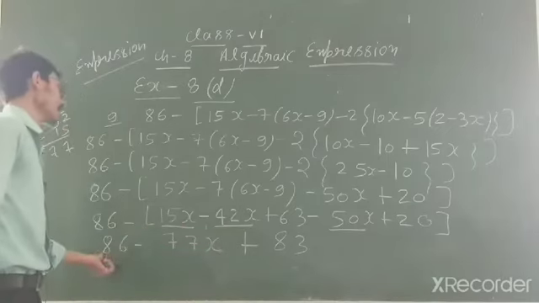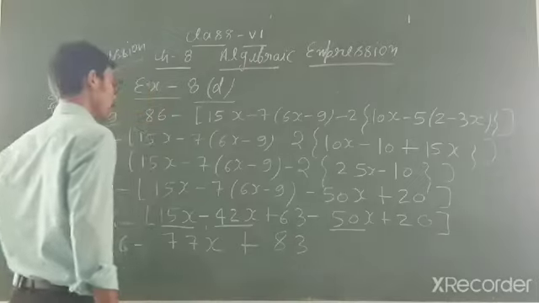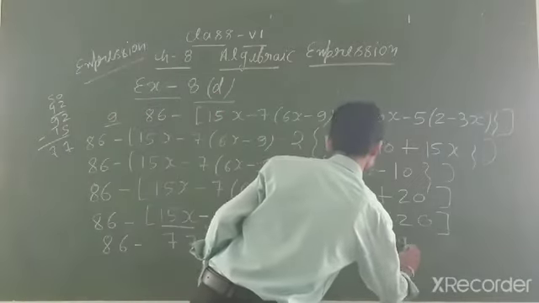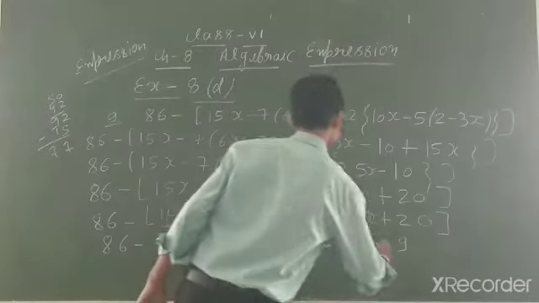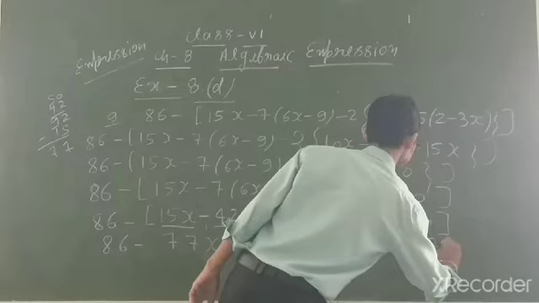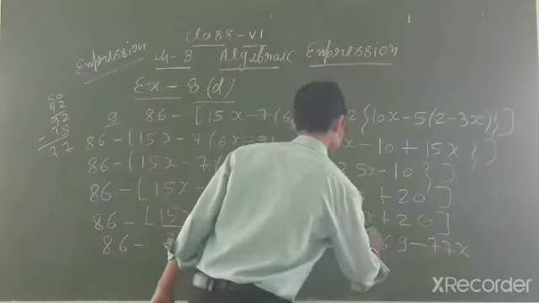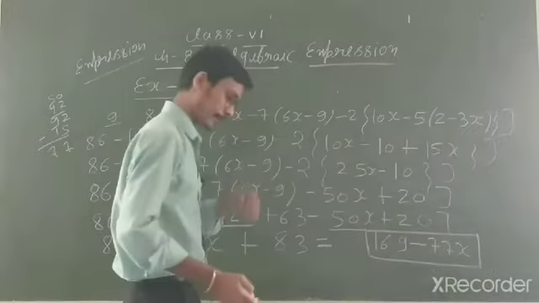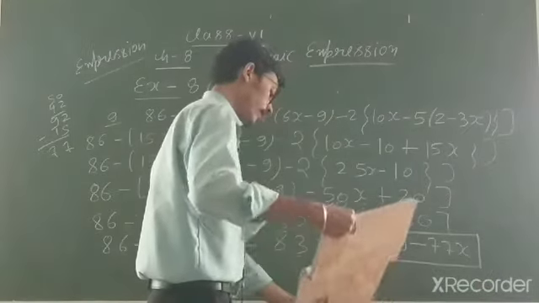So 86 and 83 will become 169 minus 77x. Clear, student? So now I think this question is clear to everyone.